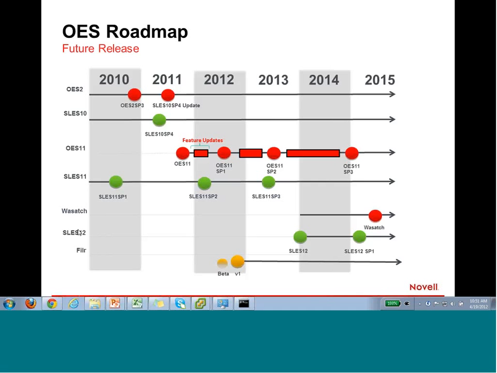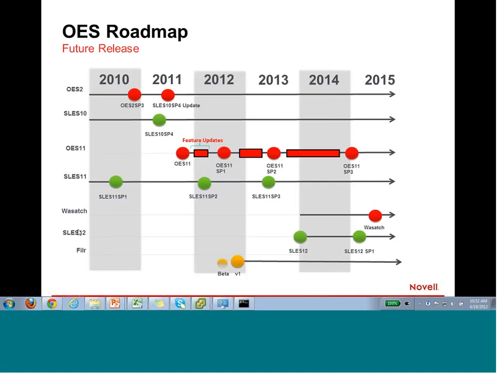We haven't locked on a date yet for that, but our goal is to get those out before the end of the year. And then some of those other feature updates, such as the domain services for Windows updates and some other things that we'll be doing, would come out in the first half of 2013 timeframe.